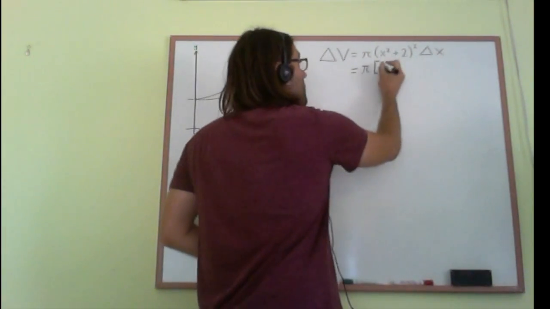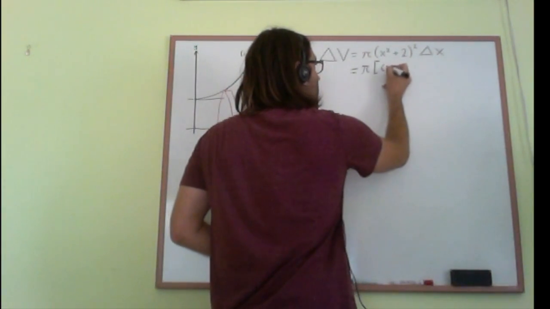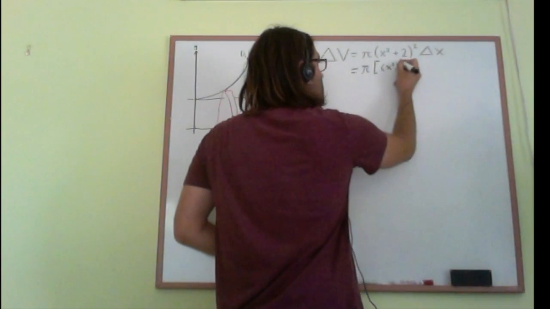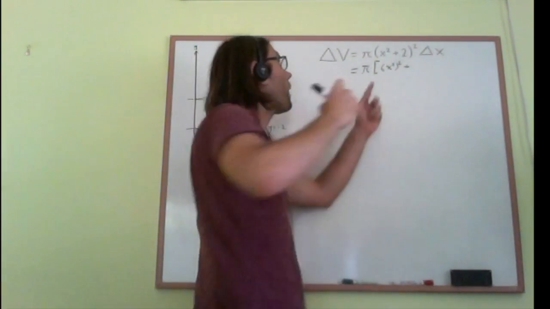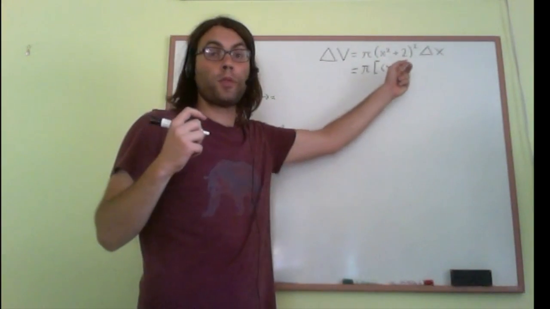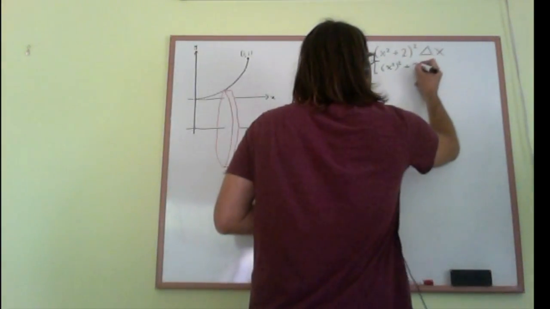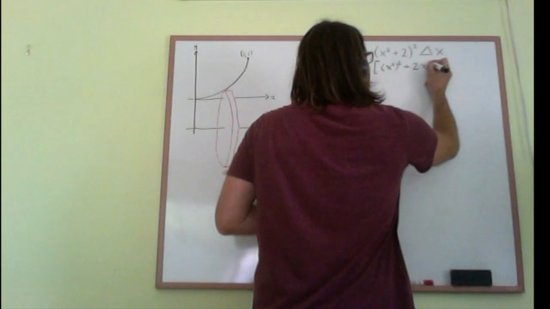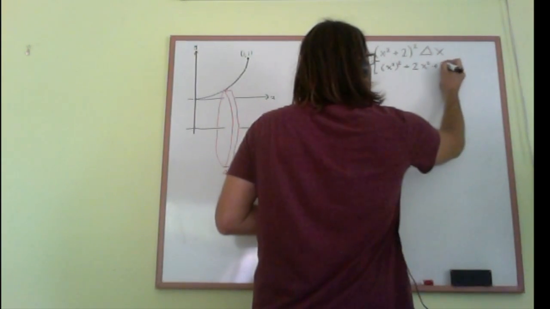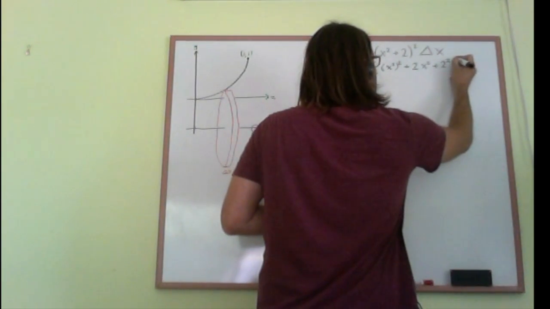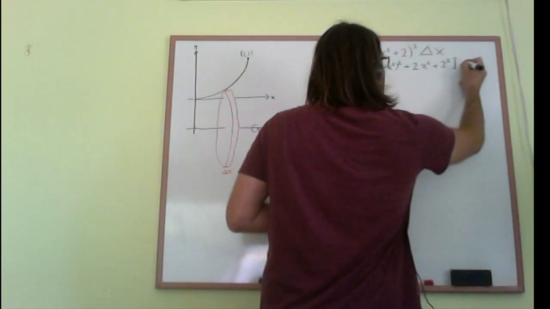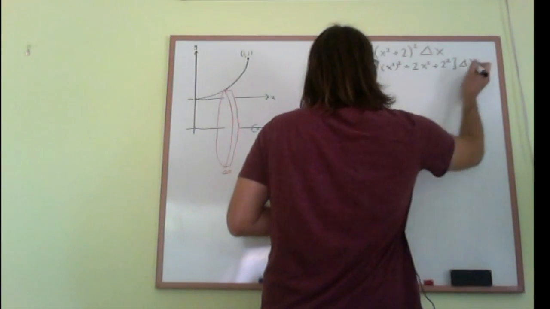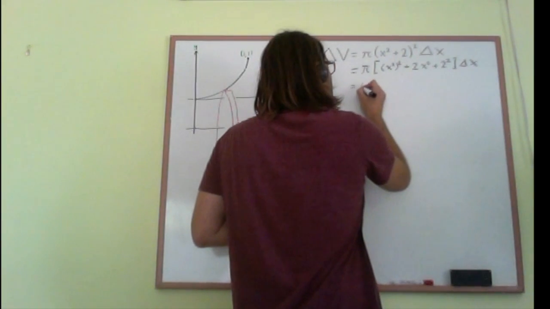Square the first, so that's x squared squared, twice the product, that's x squared times 2, which is 2x squared, and square the last, that's 2 squared. I'm going to switch to parentheses.